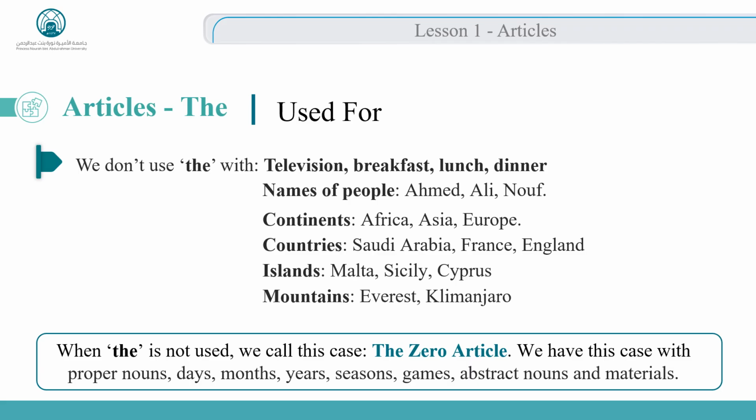Here, when the is not used, we call this case the zero article. And we have this case with, remember with me please, proper nouns, days, months, years, seasons, games, abstract nouns, and materials.